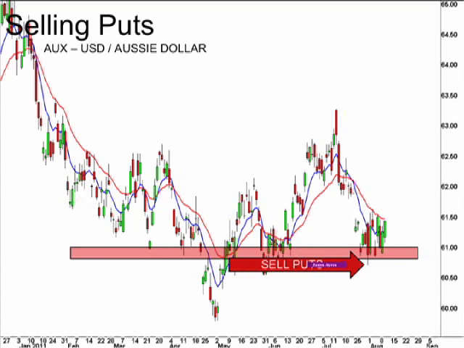Well, remember that the closer to the money we are, the more premium we're going to get, but the closer to the money we are, the more risk we take that we're going to get ourselves on the wrong side of it. So for me, I like to look at these support levels for writing puts, because ultimately it gives me a little higher probability of being right on the actual outlook.